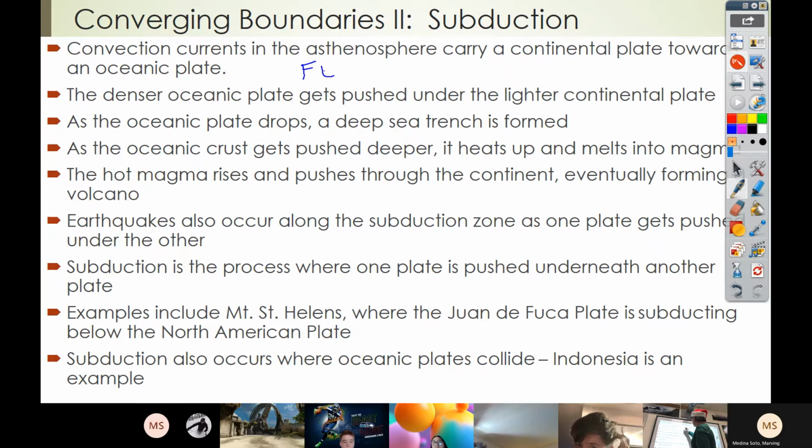So remember, I wanted you to look for features, right? So let's start with some features that you should write down. Features found at a subduction boundary would include a deep sea trench, a volcano or a volcanic island arc.